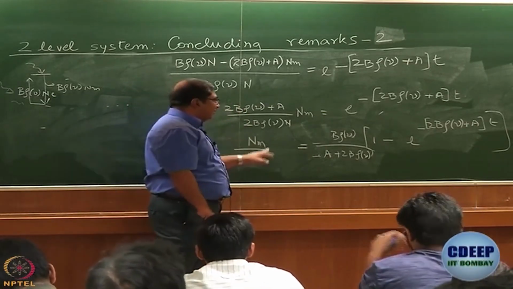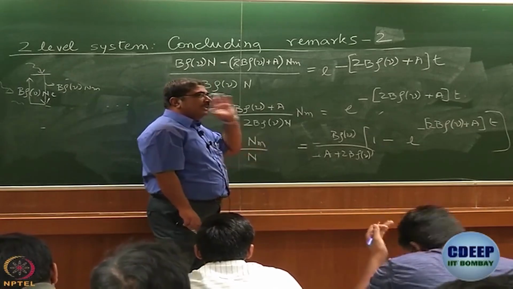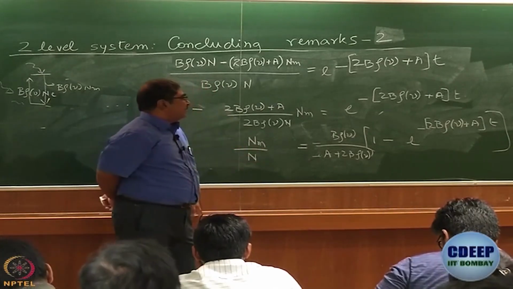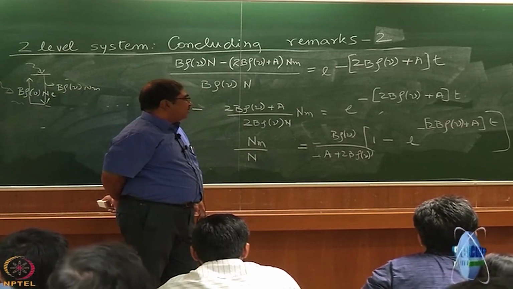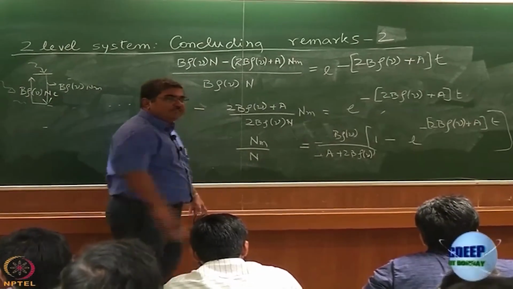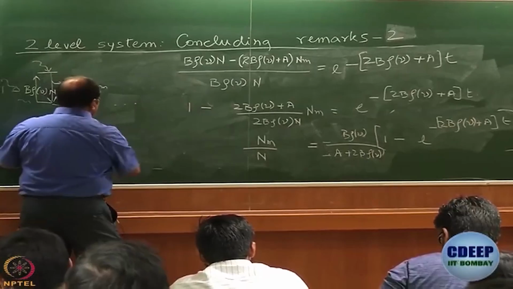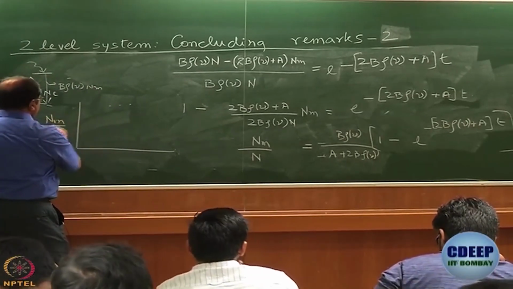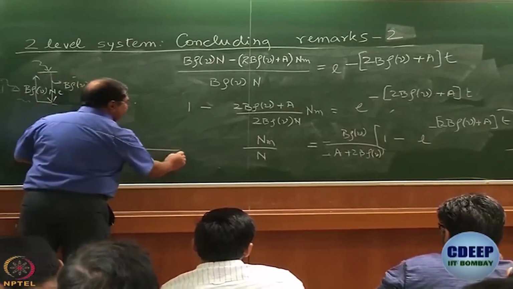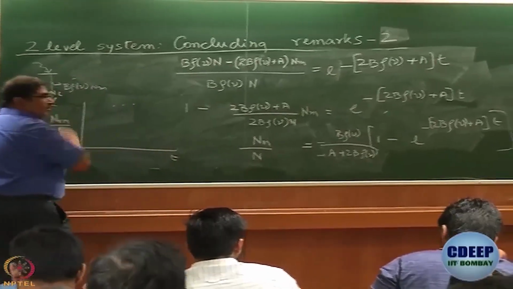What is this value when t is equal to 0? T equal to 0, it is 0, right? So if I want to plot Nm divided by n against t, I start with 0.